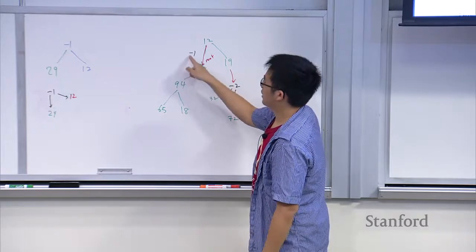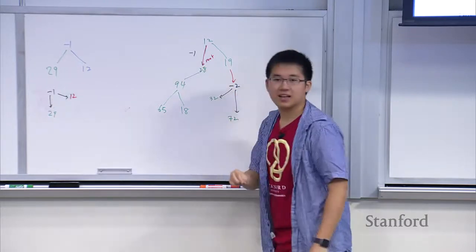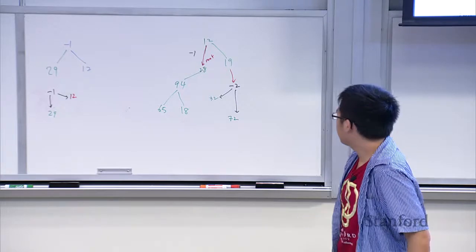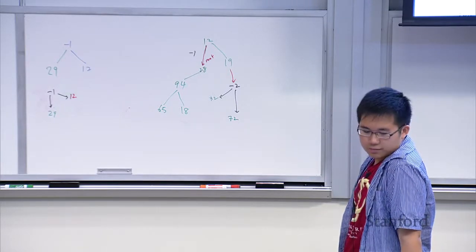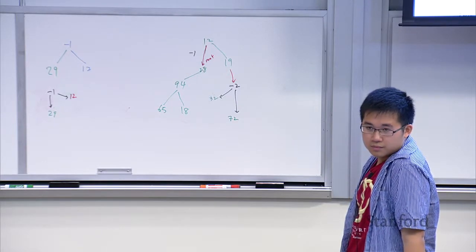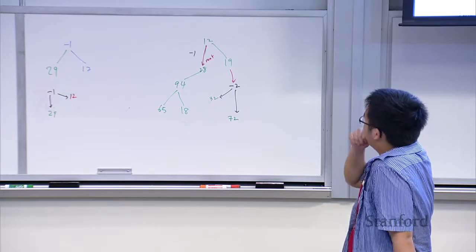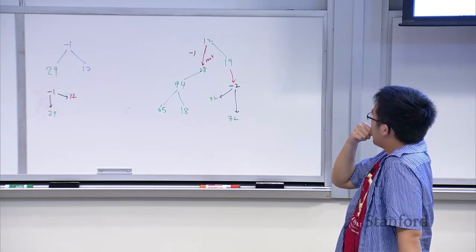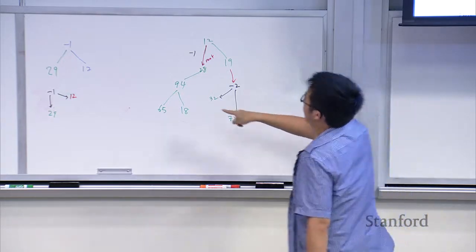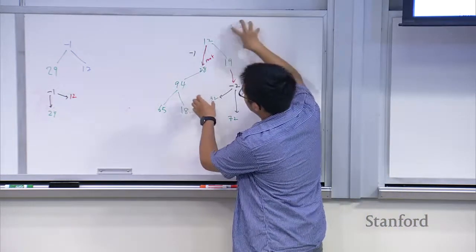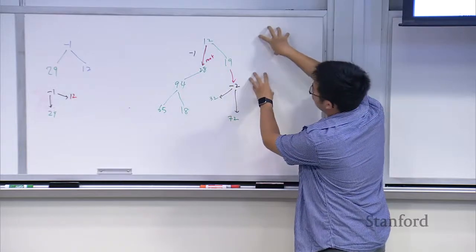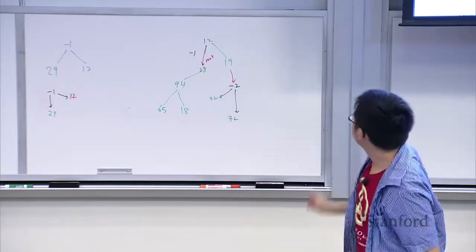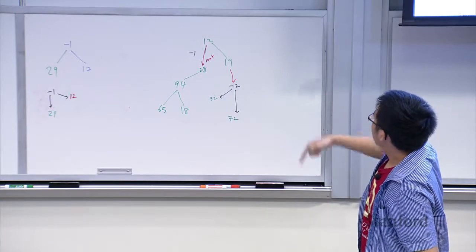What should the children of -1 be? -1's left should be which one? The left should be 94, right? Because 28 was up here, 94 was down here. We want to put 28 at the missing child. So we would point the left at 94.